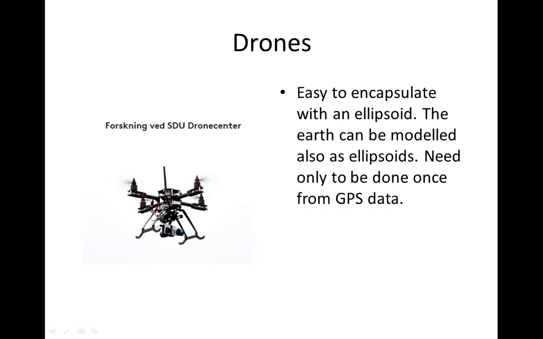There's a picture of a drone at the University of Southern Denmark Drone Center, and you can see that it can be efficiently encapsulated in an ellipsoid, or probably in a sphere. You can also model the Earth as ellipsoids, and this needs only to be done once from GPS data.